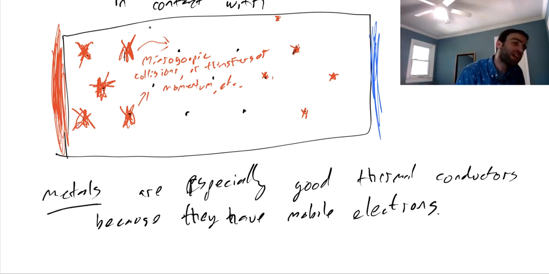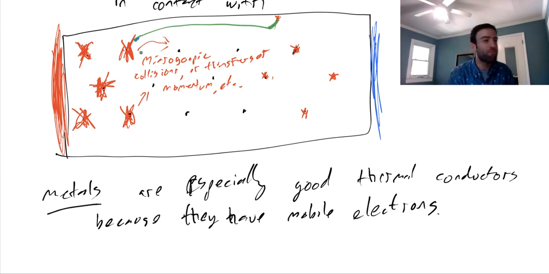Why does that help heat transfer? Well, these mobile electrons can pick up a little kick by bumping into one of these heavily vibrating atoms, and then travel a long distance before they bump into a different atom. So they pick up some momentum by colliding with a hot atom, and then travel a long distance, skipping a lot of these atom-by-atom layers before they deposit some of that thermal energy into a different nucleus.